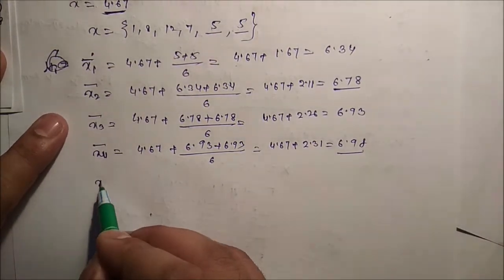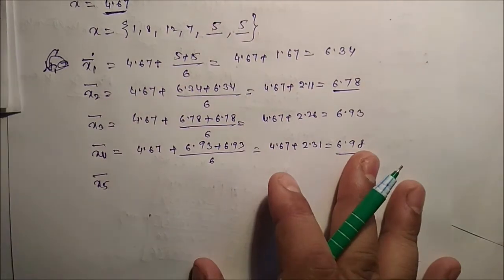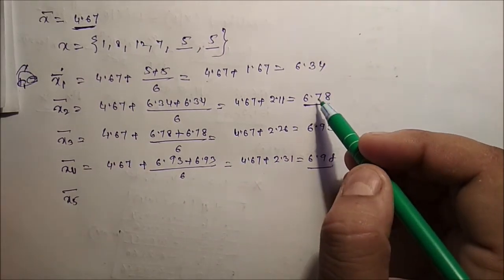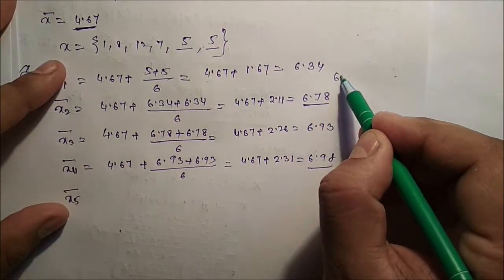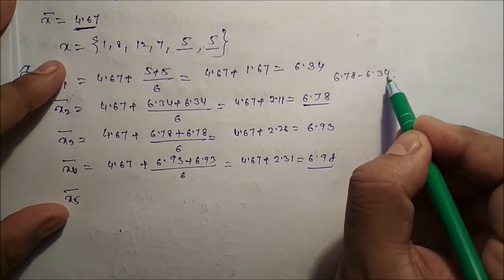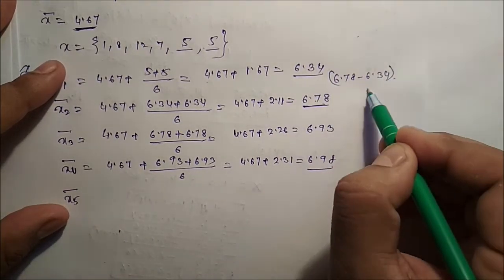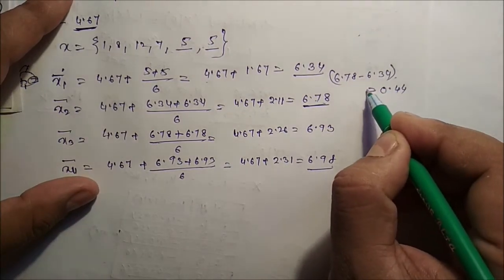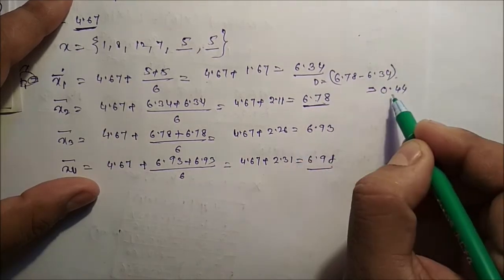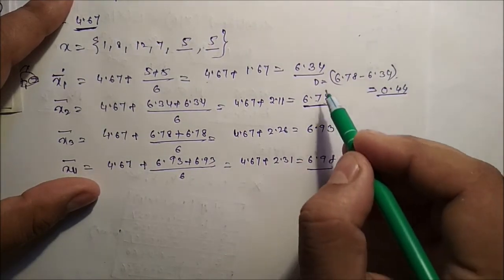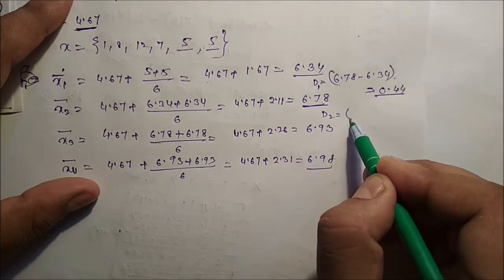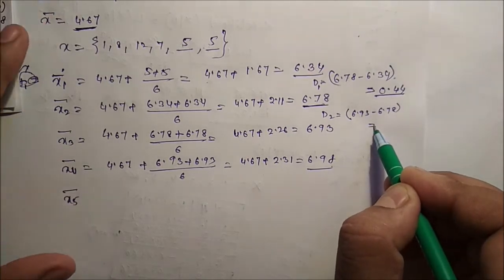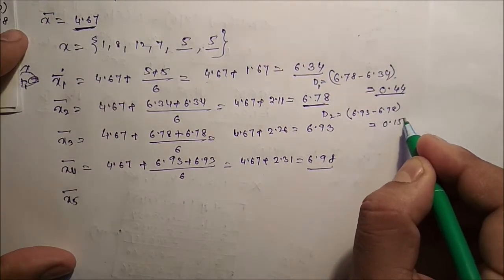After every successive mean calculation, we calculate the difference. The difference between 6.78 and 6.34 is 0.44. The difference between 6.93 and 6.78 is 0.15.